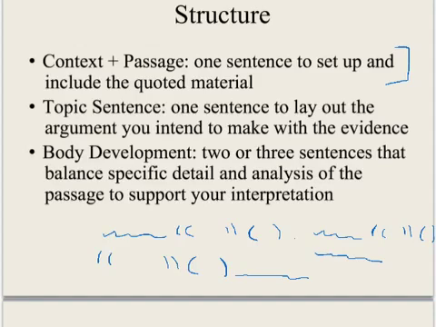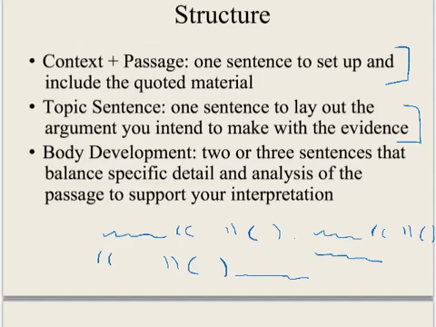Okay? The next point that we're going to talk about is the topic sentence. It's one sentence that lays out the argument you intend to make. So if we were writing a whole paragraph analysis and that was all we were doing and we're not bringing it into an essay, we'd have the context and passage and that sentence that explains what you're going to argue with the passage. And for right now, we're calling that a topic sentence. Later, it may just be the first sentence of the analysis.